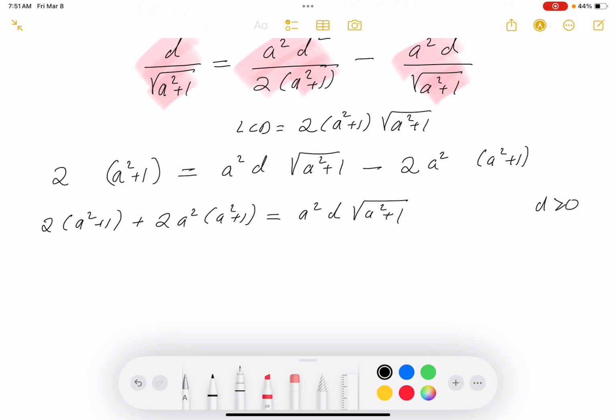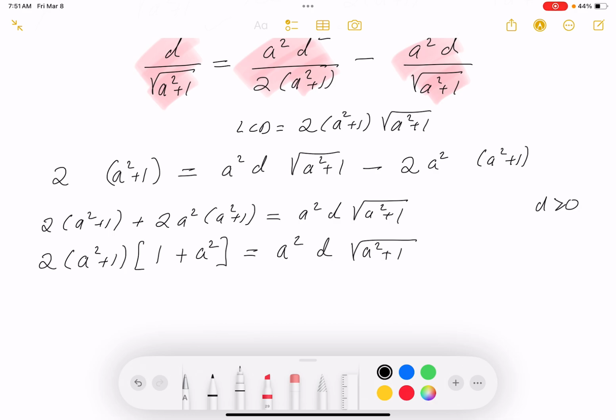All right, see if I did okay in there. I did okay. On the left side, I'm going to factor out a 2, and I'm going to factor out an a squared plus 1. And what are you left with? 1 plus a squared. And what do you have here? a squared d. And you get this over here now.